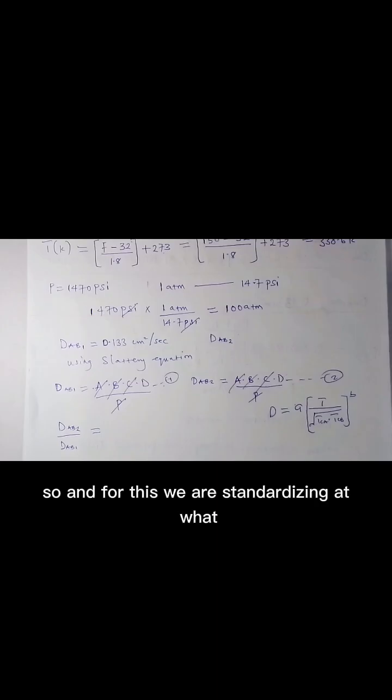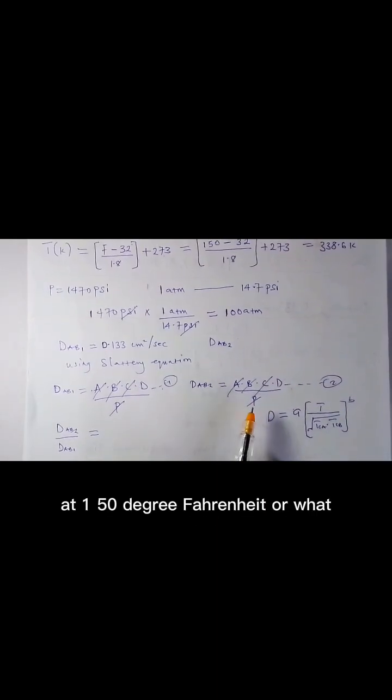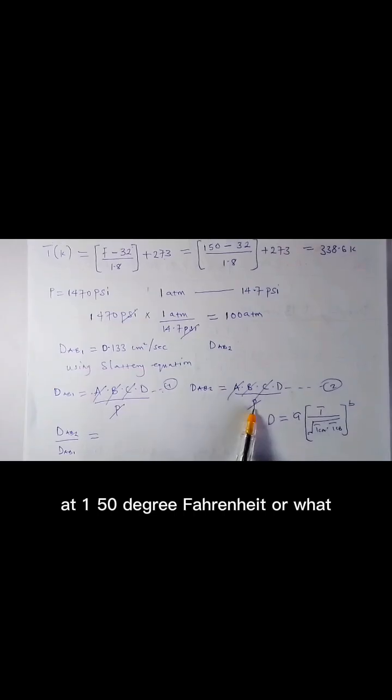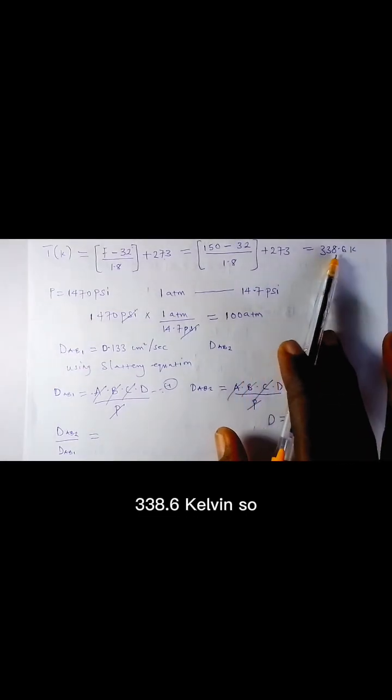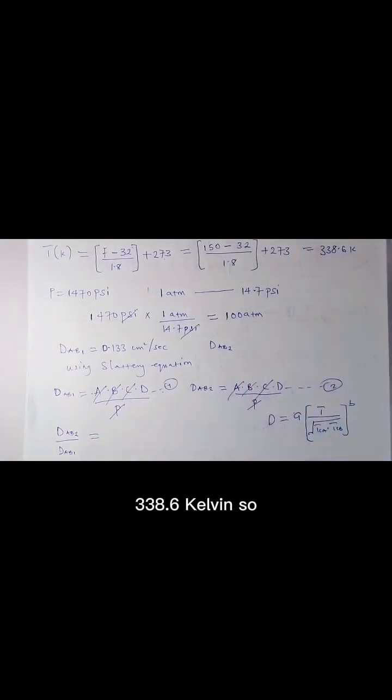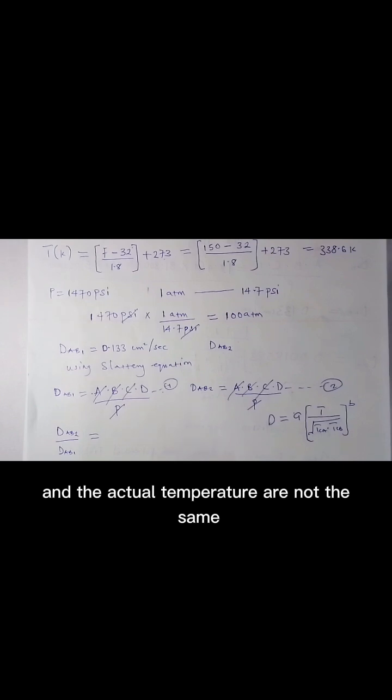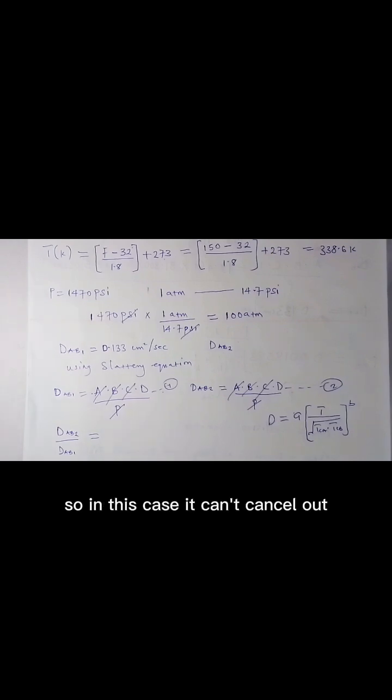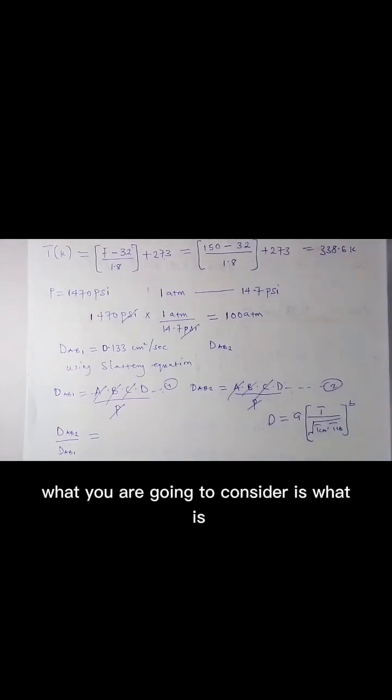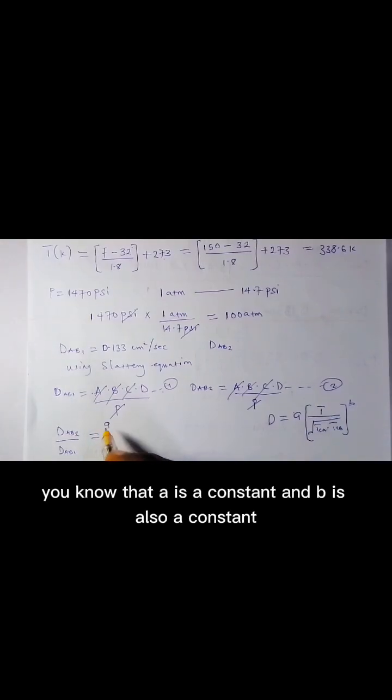And for this one, we are standardizing at 150 degrees Fahrenheit, or 338.6 Kelvin. So the actual temperatures are not the same. What we are going to consider is that A is a constant and B is also a constant.